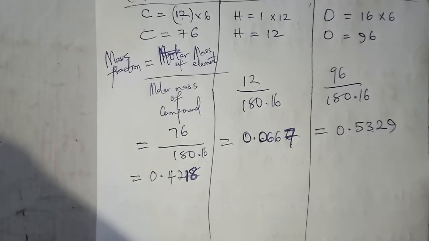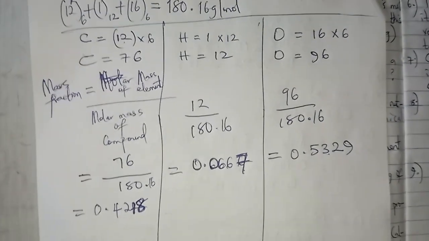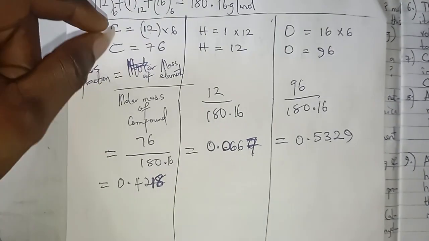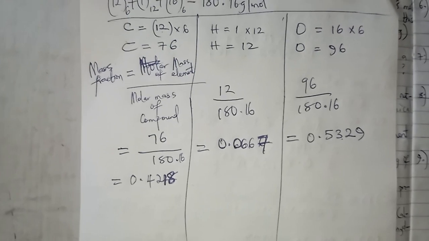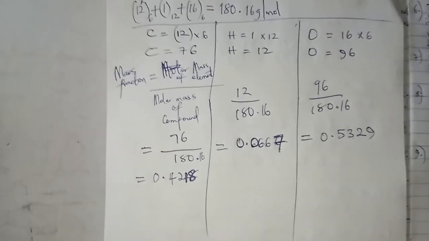Okay, so this is the mass fraction. You simply get the molar mass of that particular element in the compound and divide it by the molar mass of the compound. That is what we've done here.